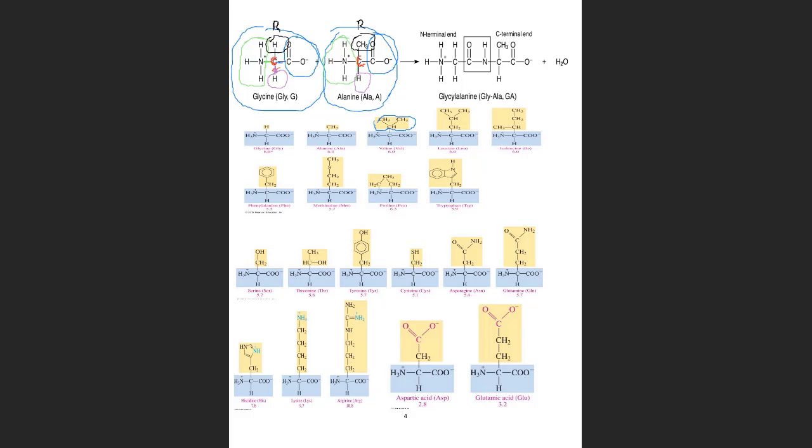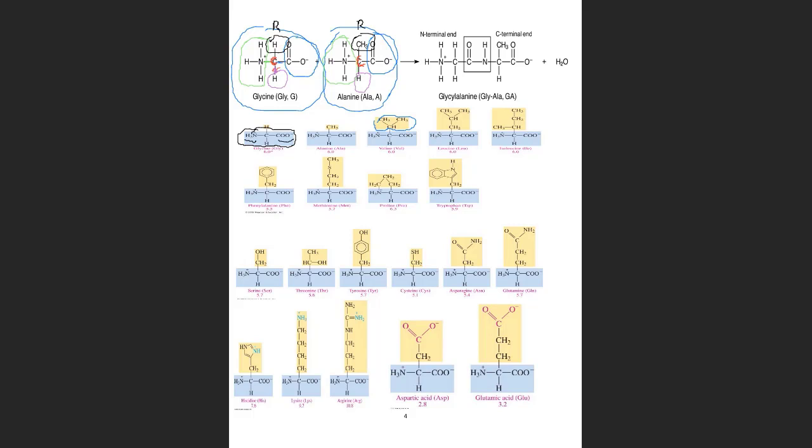We said that we have essentially 20 amino acids. Pay attention to what is the common part of all amino acids. It is what is here in blue: the alpha carbon bonded to a hydrogen, the NH3 plus, and the COO minus. The blue part is identical in the 20 essential amino acids.